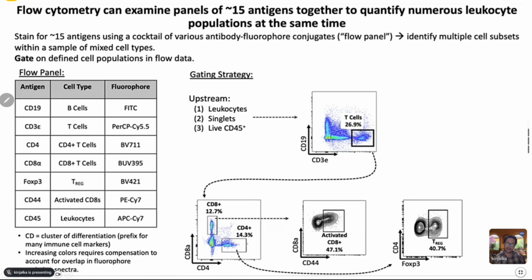So in this way, they know that okay, out of all the population, 40.7% are Tregs. Of all the CD4 cells, 40% are Tregs. Similarly, 47% of the cytotoxic T cells are activated. So these are important information that you come to know by gating and identifying these specific subsets of cells, right?